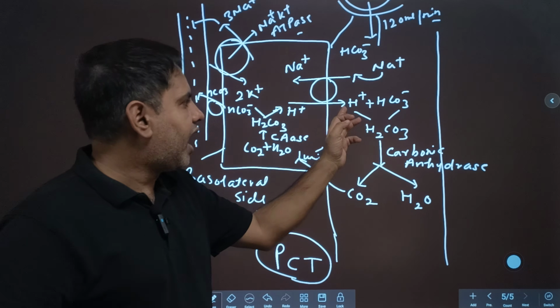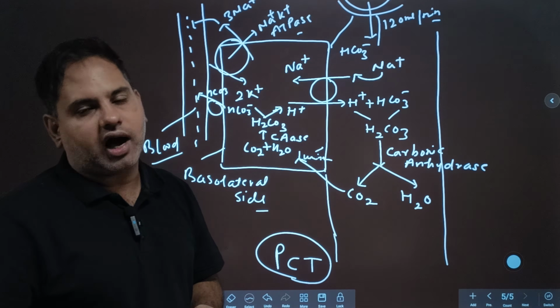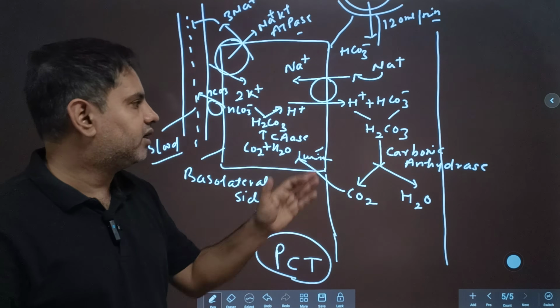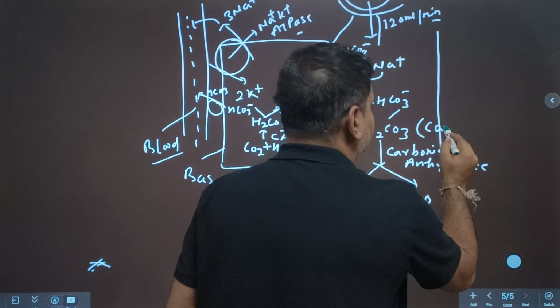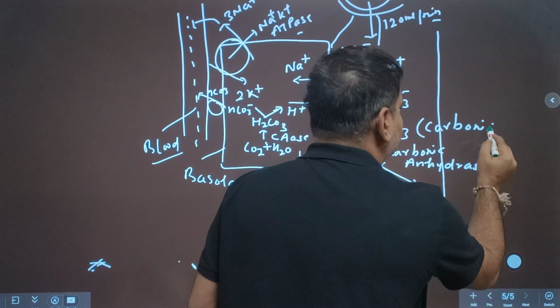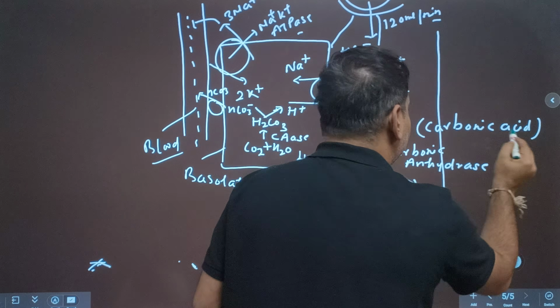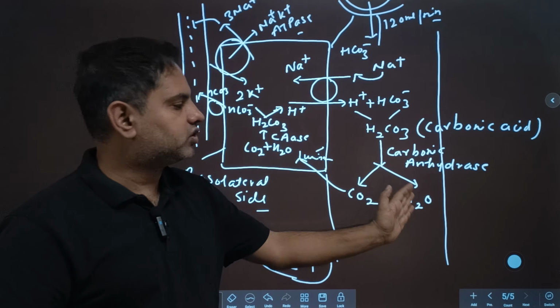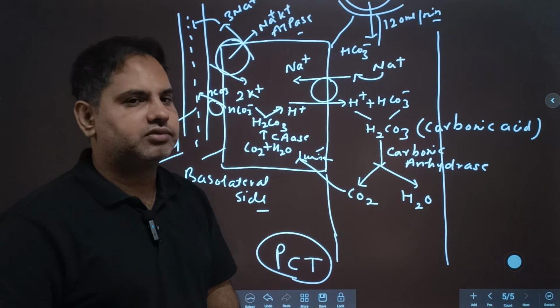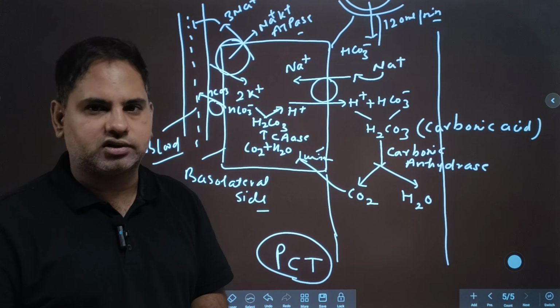And this hydrogen is going to bind with bicarbonate and make carbonic acid. This is your carbonic acid, and it is going to convert into carbon dioxide and water with the help of the enzyme. The enzyme name is carbonic anhydrase.